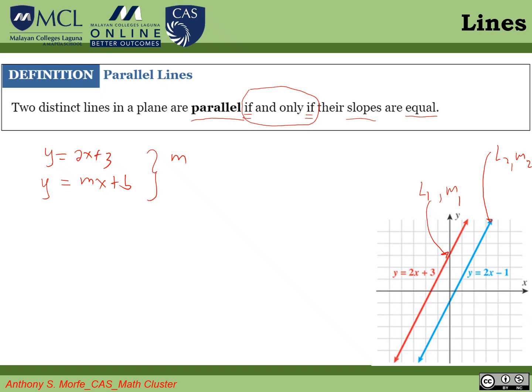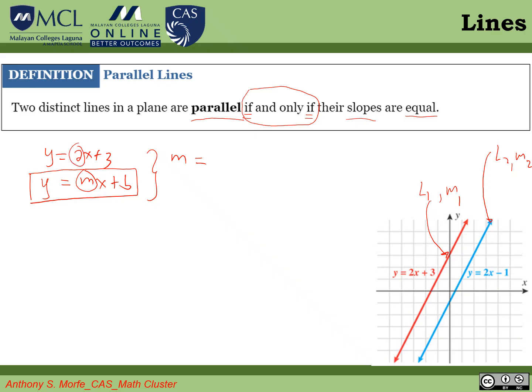You just compare it with the slope intercept form. You see here the coefficient of x is m. So whatever is the coefficient of x here, that is the m.